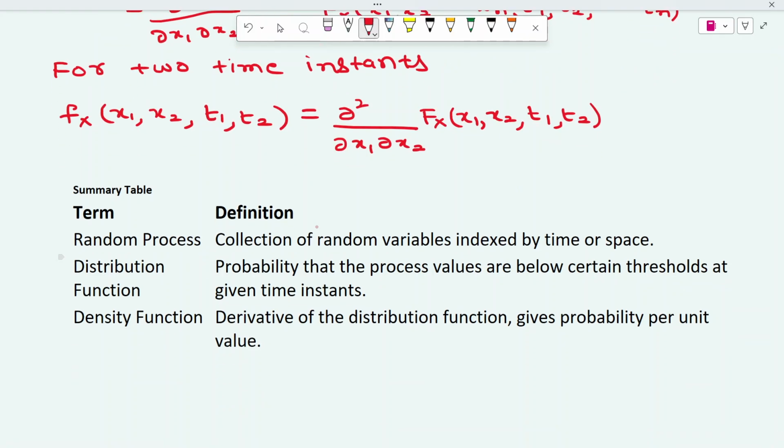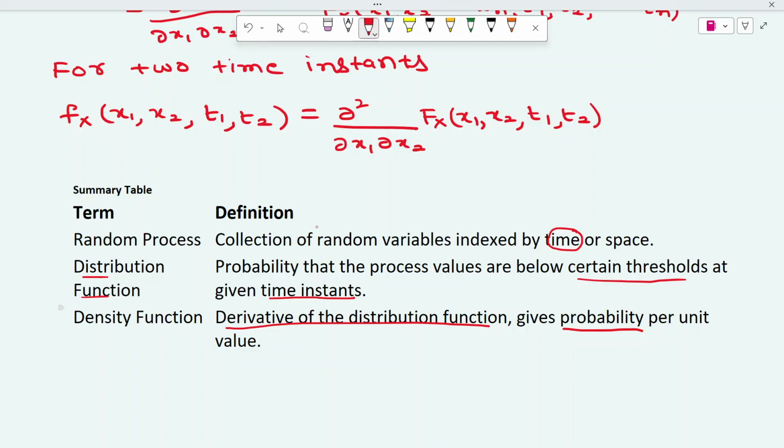In summary, a random process is a collection of random variables indexed by time. So what is the distribution function? It is the probability that the process values are below a certain threshold with respect to the given time instants t1, t2 and so on. The density function we can get from the distribution function by taking the derivative of the distribution function. It gives the probability value per unit value.